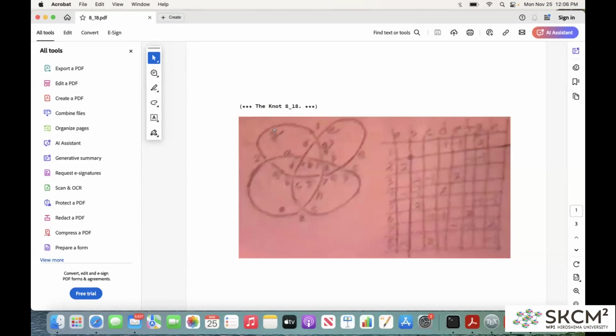Now, I must apologize that I didn't make a very good photo of my notebook, but I think you can see what I'm doing anyway, even though it's a bit fuzzy.